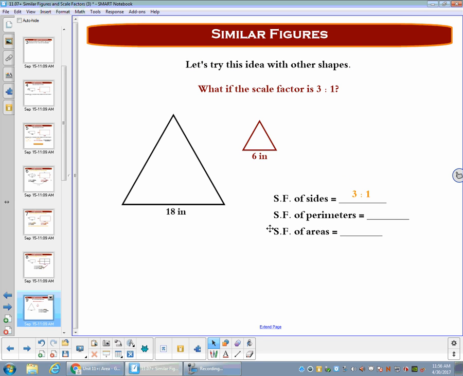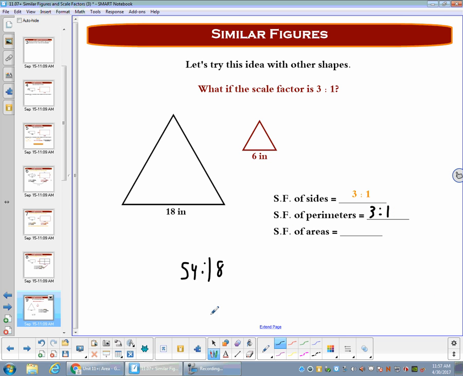So the scale factor for the perimeters, we could do 18 plus 18 plus 18 and get that number, 6 plus 6 plus 6. So 18 plus 18 plus 18 is 54. And now if I reduce that, I can divide both sides by 18, and I also get 3 to 1.